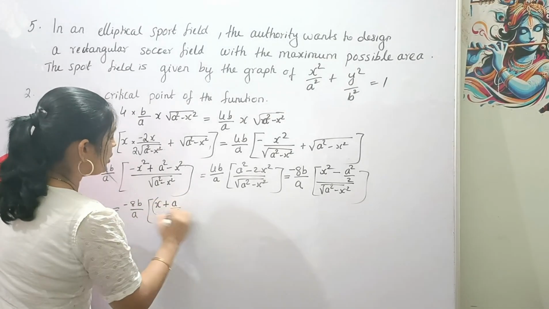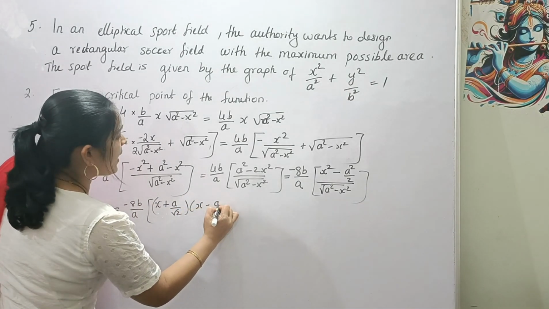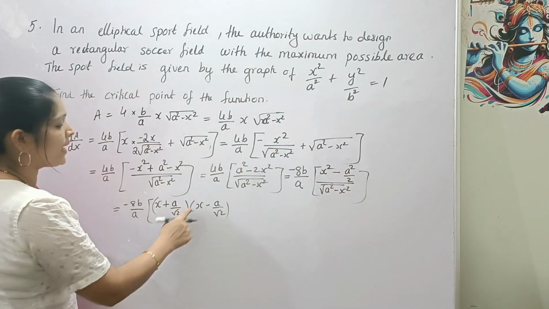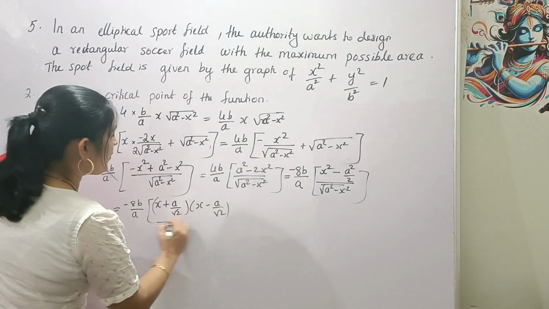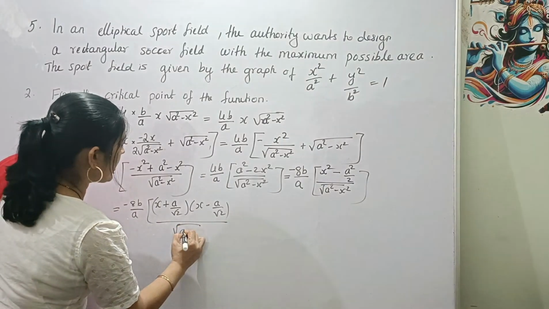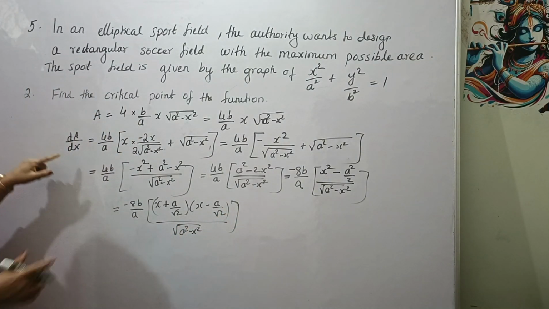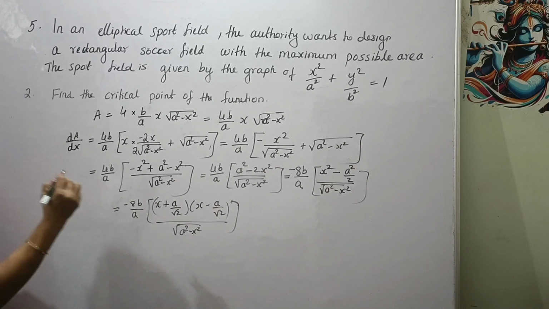Okay, into x minus a by root 2. That is a square minus b square is x plus a into x minus b, right? Divided by root of a square minus x square. To find the critical point, dA by dx is equal to 0.